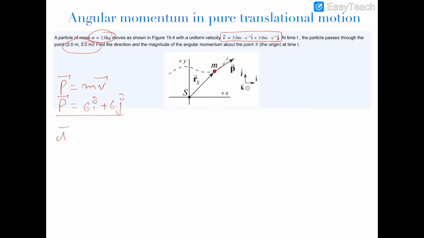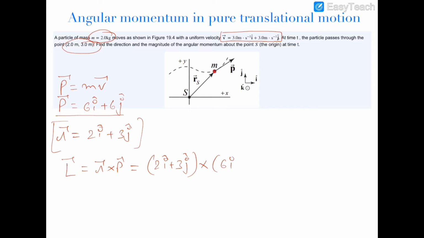So the position vector of this particle with respect to S is 2 i cap plus 3 j cap. Now we can find out the angular momentum by the vector form, and it is r cross p. So r vector is 2 i cap plus 3 j cap cross with 6 i cap plus 6 j cap.